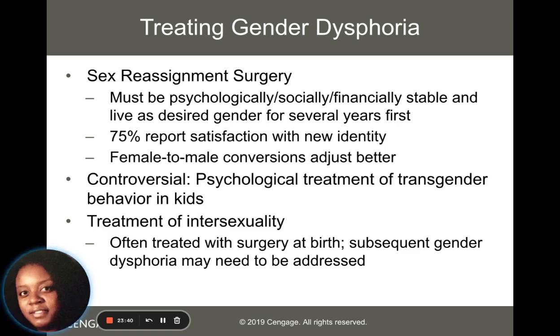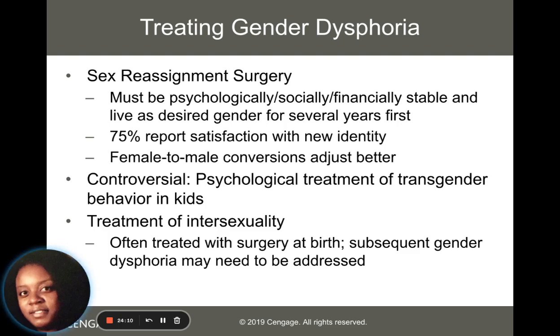So there are a few ways we can treat it. One is sexual reassignment surgery, which must be approved psychologically, socially, and financially. A person must show stability in those areas and a desire to live as a desired gender for several years first. 75% of people report satisfaction with their new identity after sexual reassignment surgery, and female to male conversions tend to adjust better.